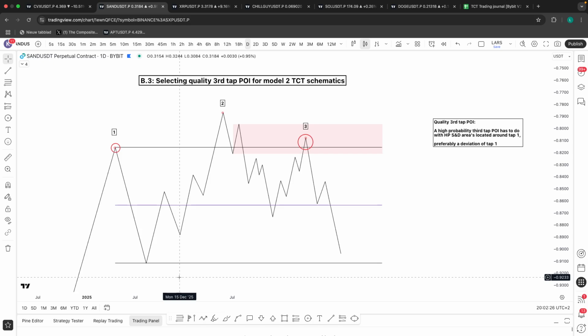And it also makes sense if you try to rationalize this concept, because when we're trading TCT schematics, we are simply trading range deviations with a purpose behind it, which is Wyckoff, or at least which Wyckoff has elaborated on. But at the core, we're trading range deviations.